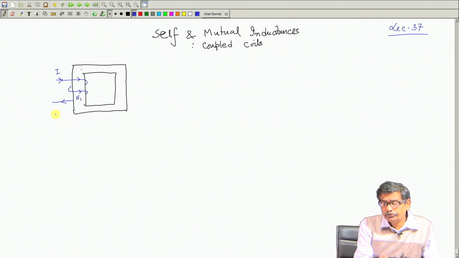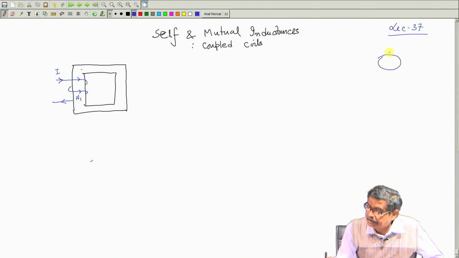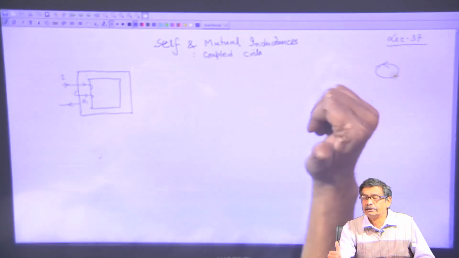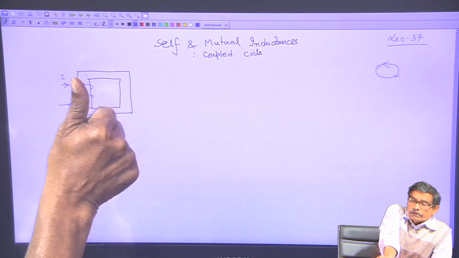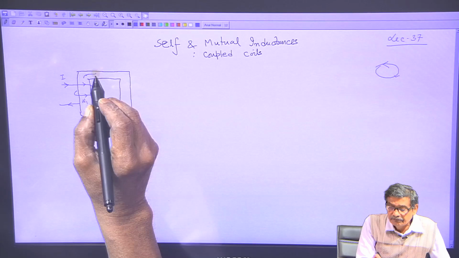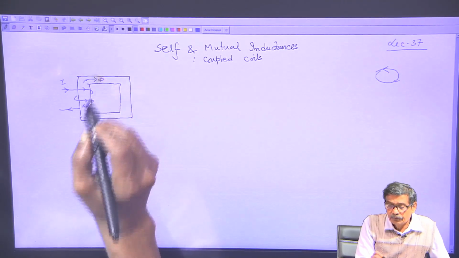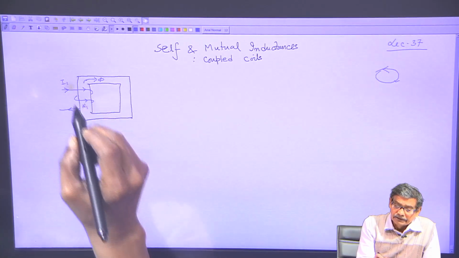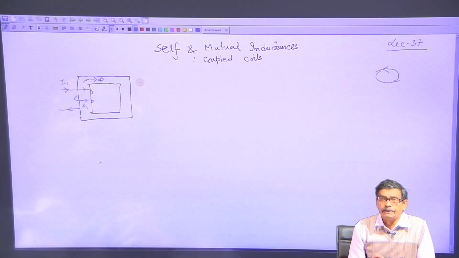Now, when current flows through a coil in this fashion, suppose a current flows in a loop like this, there will be flux produced, the direction of which will be indicated by the thumb. Therefore, if current flows at any instant of time in this direction, some flux will be created in the core, and this flux is created by this current I 1. This is coil number 1, and it will create a flux phi.